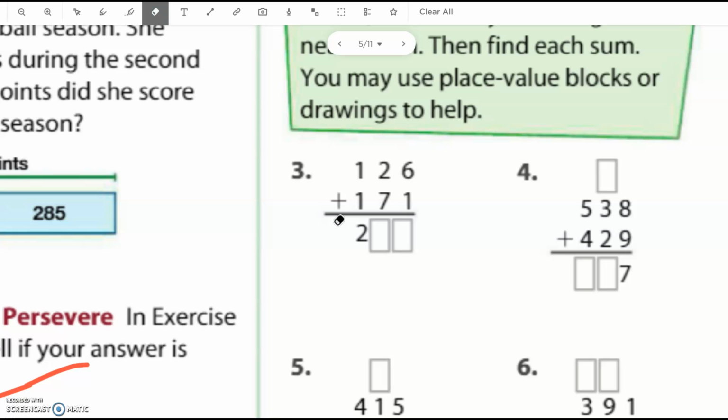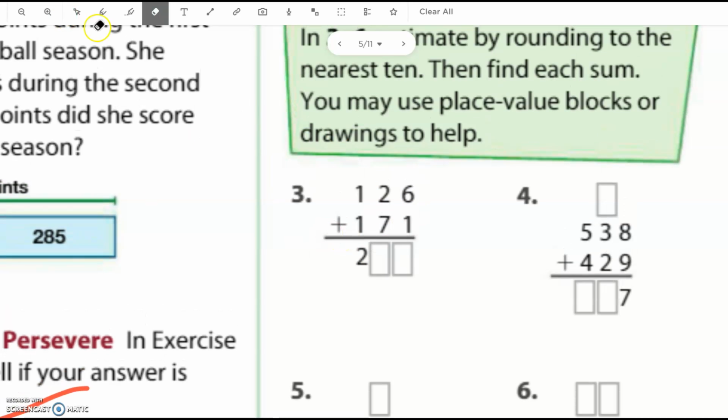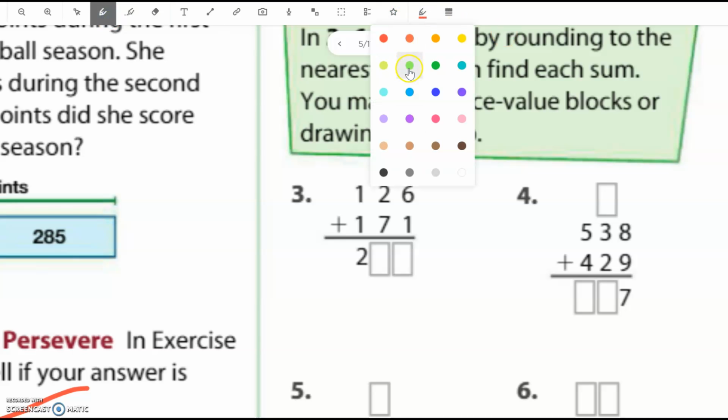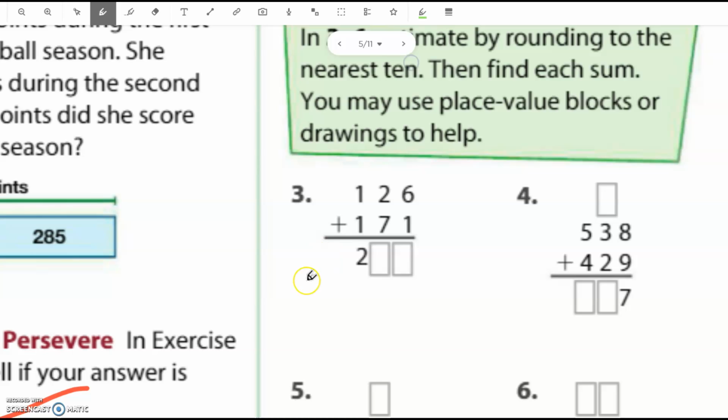So we'll look at number 3 first. And I'm going to estimate. Now on yours, this is the same way I want you to estimate. We're going to estimate in yellow. No, let's use green. We're going to estimate in green. And we'll estimate by the nearest 100.